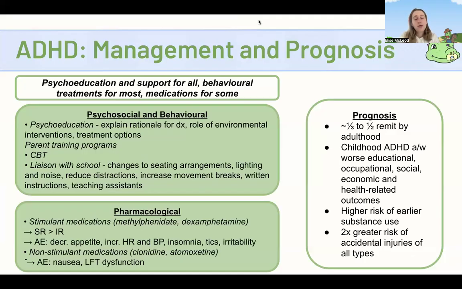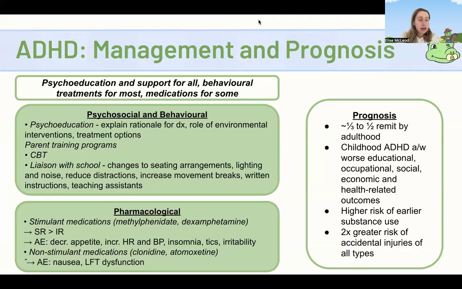So this might involve seating the child up the front, reducing lighting and noise and other distractions, providing them with movement breaks, having written instructions for them so that they're getting both written and verbal instructions, and maybe having a one-to-one teaching assistant if that's resource dependent.